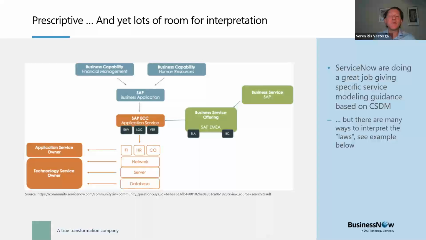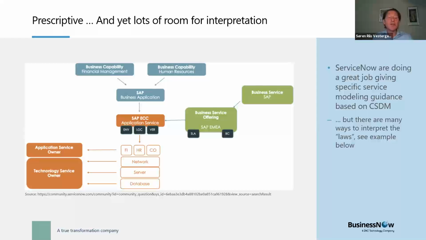So here, for instance, we have an example. I've taken this from the Now community: an SAP business application supporting human resources and financial management as two business capabilities. It's broken down into a number of SAP application services, which are offered to the business through different offerings based on business services on SAP.